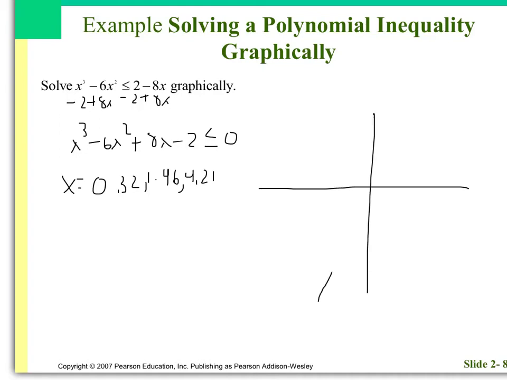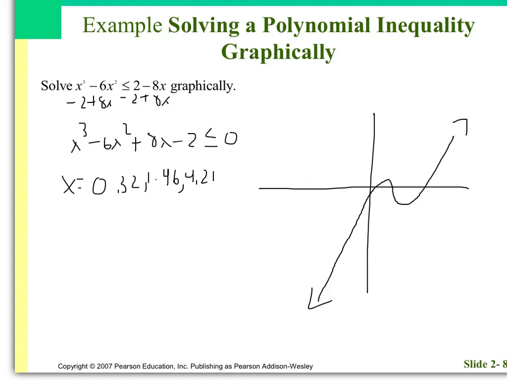So it was like that. And they want to know where it's less than or equal to 0. So let's do interval notation, because we have it less than or equal to 0.